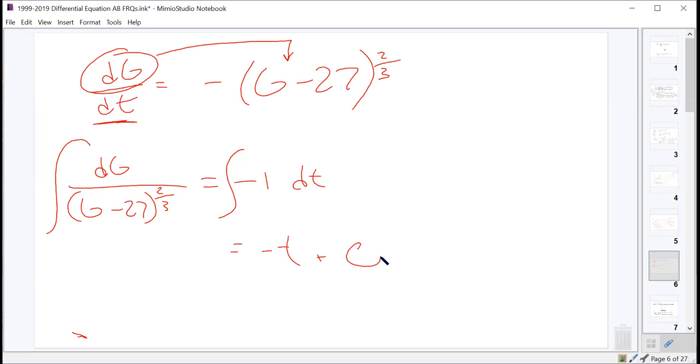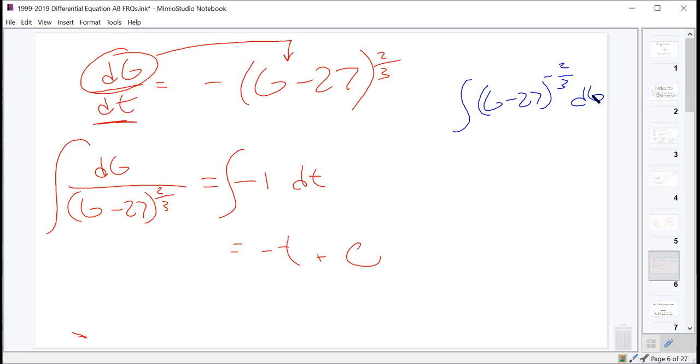Okay. On this side, I've got to deal with this a little bit more, right? This is actually a u substitution because this is a function being raised to the 2/3 power. We're going to write this off to the side to do all the work. Really, we would probably want to write this as (G minus 27) to the -2/3, because then that's just the power rule once we get rid of the G minus 27.